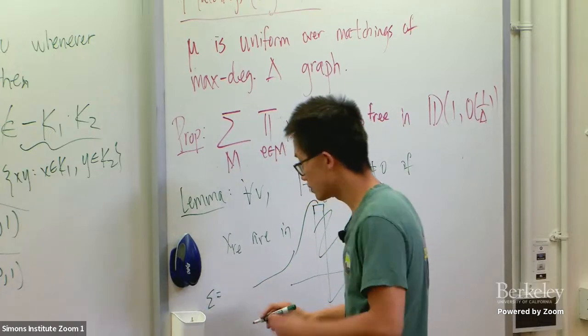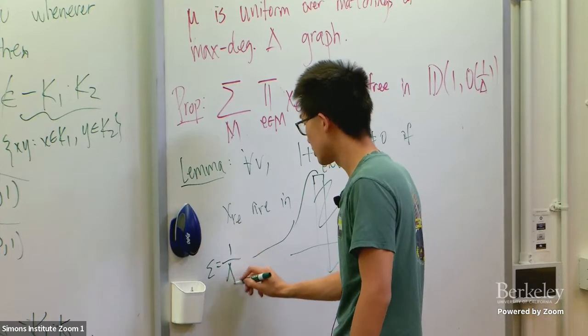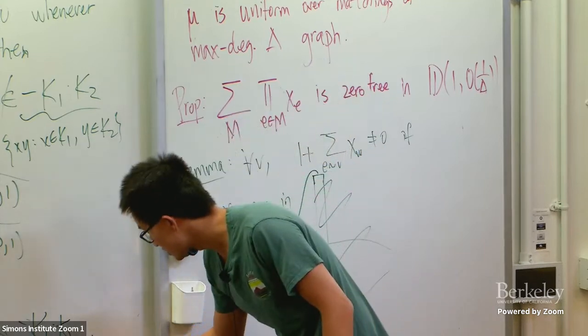Epsilon is equal to 1 over the maximum degree.